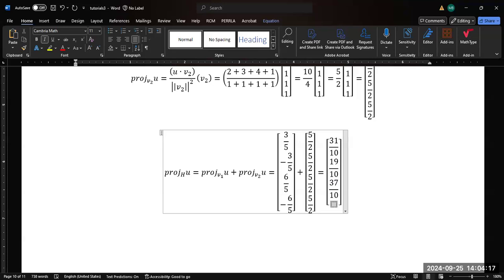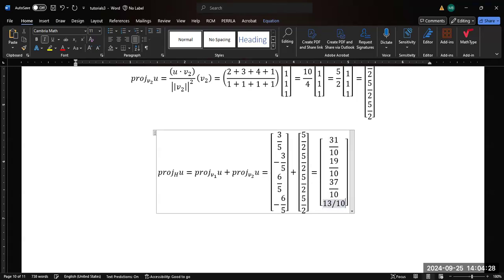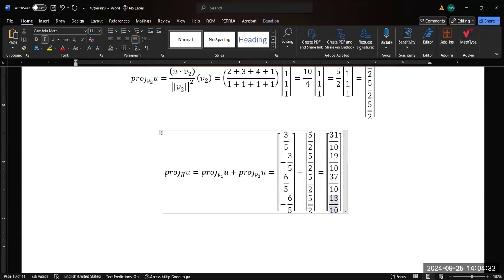And negative 6 divided by 5 plus 5 divided by 2 is going to be 1.3 or 13 divided by 10. So this will be our projection onto the subspace.